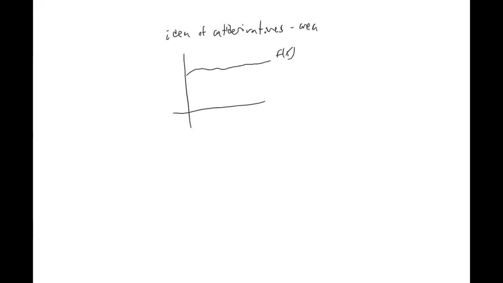Let's get started. If you recall, the idea of antiderivatives is that it's related to area, right? We always take stuff one step at a time. If I wanted the area of something curvy like this, you wouldn't try to do it directly.